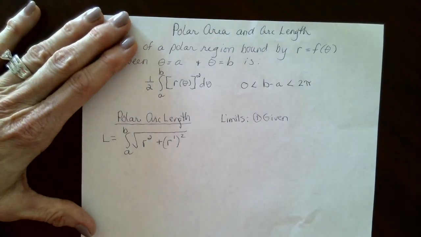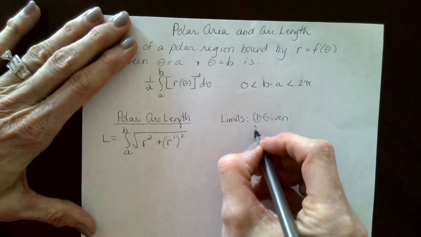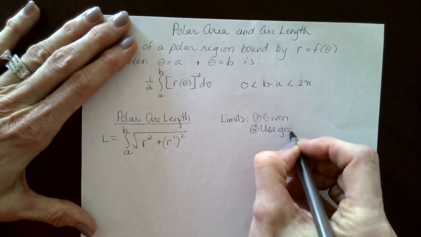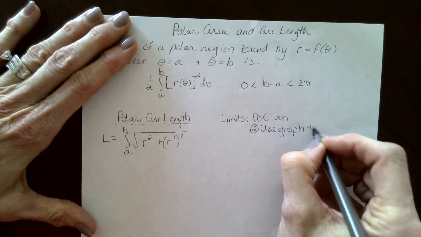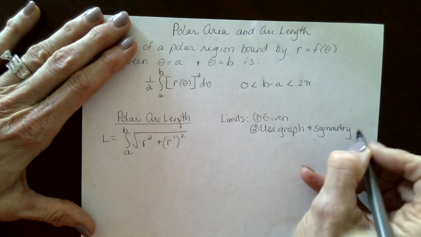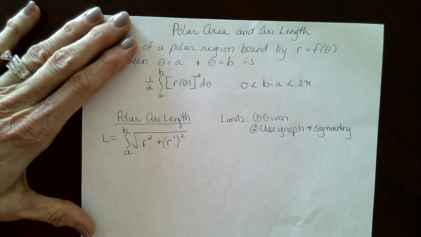They rarely are given, but sometimes they are. Or you're going to use the graph and symmetry, which is usually what I do because it's easier for me visually to use the graph and symmetry.